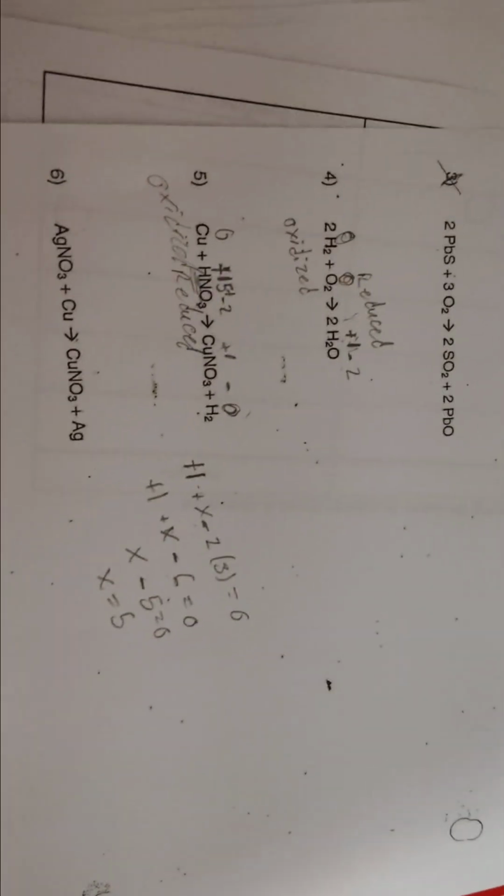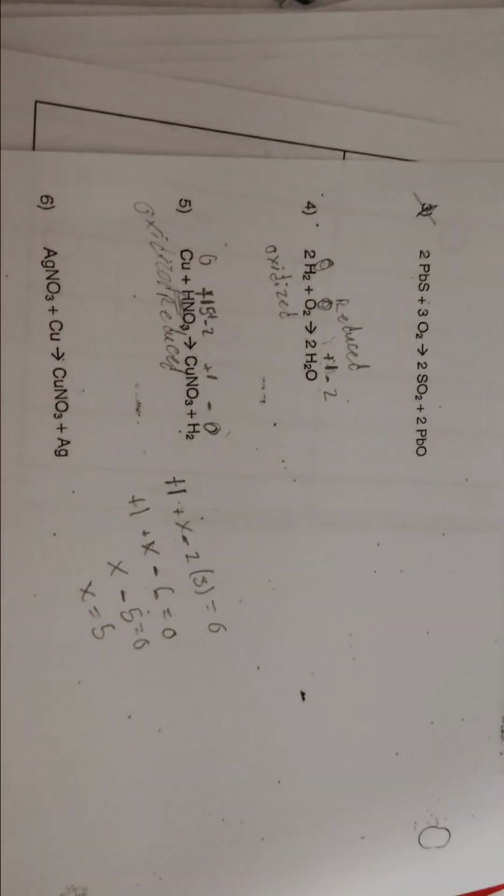Copper has lost an electron, becoming positive, so it's been oxidized. I hope this is making a little bit more sense between what oxidation and reduction is, and what has been reduced or what has been oxidized. I'm sorry if this is a little bit blurry. All right, so basically, when you gain electrons, you're reduced, and when you lose electrons, you're being oxidized.